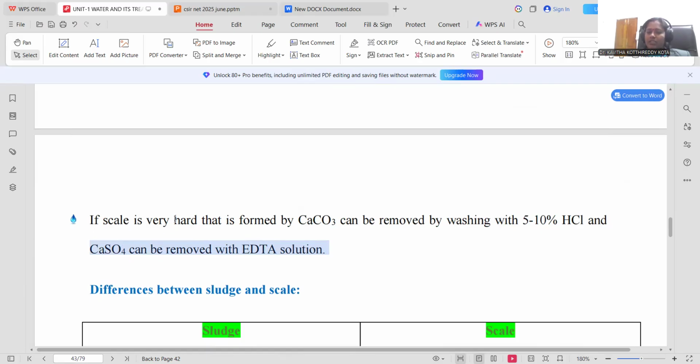Hence, you can remove the scales. These two processes, calcium carbonate scale and calcium sulfate scale removal, are part of chemical treatment, right? So scale and sludge, the causes of formation, the definitions, the problems we will face, and finally how to remove them, all the topics are completed.